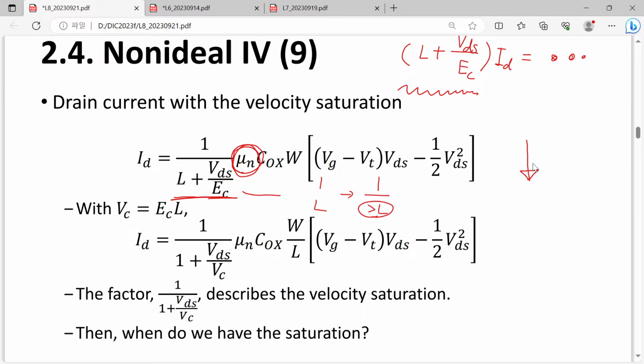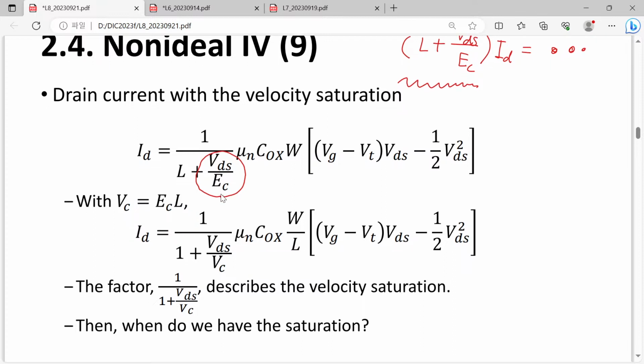Yes, you are right. However, we are not talking about just quantitative agreement. If we just consider qualitative analysis, then this gives us a quite good approximation of what will happen if we have velocity saturation. So simply speaking, good, now we have a reduced value. But please note that there is another one. The reduction of drain current itself is not the only thing we have to consider in this case.